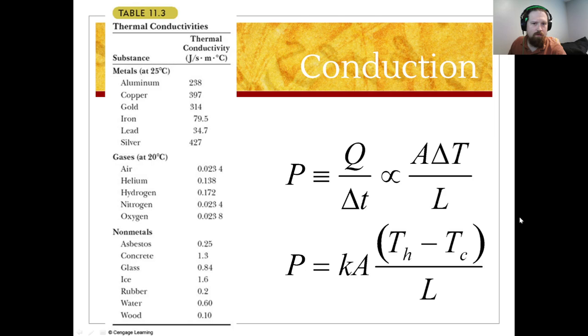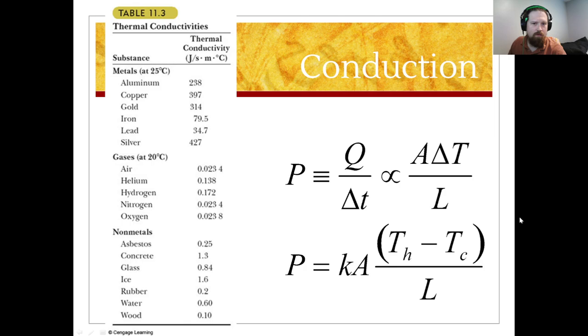I could find the flat surface area of my hand. And if I'm using my whole hand to grab the cup, if every single square inch of my palm and my fingers is in contact with it, then there's a certain amount of thermal energy that will flow out of my hand and into the cold cup.